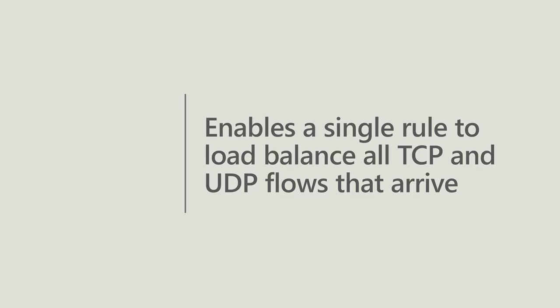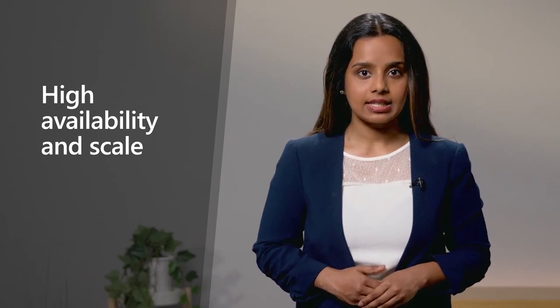The system then makes the load balancing decision for each flow based on the following 5-tuple connection: a source IP address, source port, destination IP address, destination port, and protocol. These HA port load balancing rules help you with critical scenarios such as high availability and scale for network virtual appliances or NVAs inside virtual networks. This brilliant feature can help when a large number of ports must be load balanced.